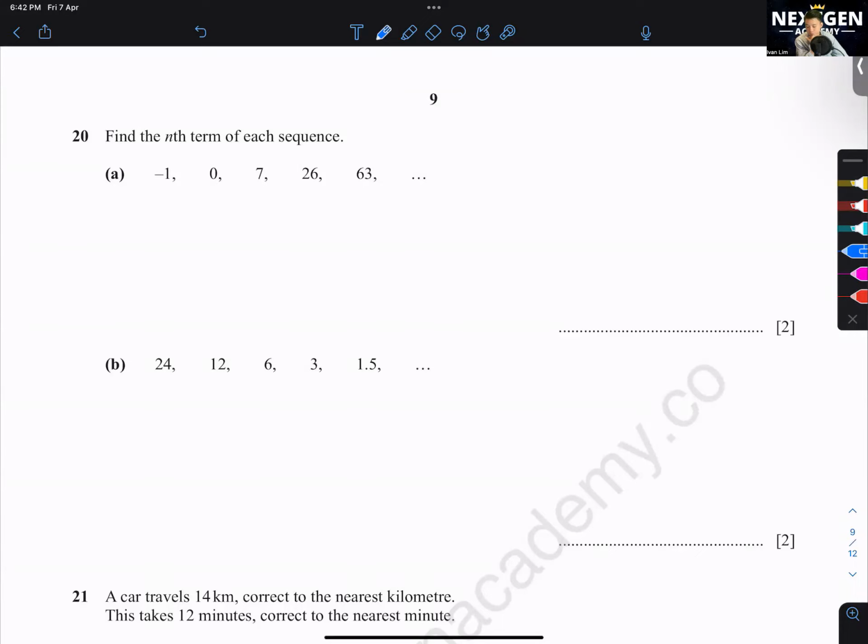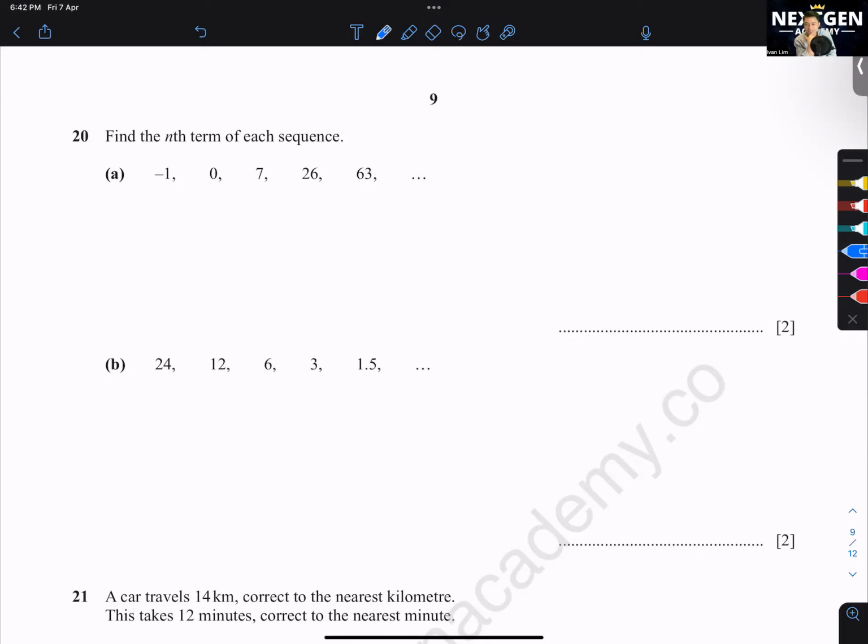Geometric means what? Means you need to times it. It will times a certain R value, which is a common ratio. Okay, Cheng Shao says cubic. How is it cubic? What makes it a cubic sequence? This sequence is so weird.